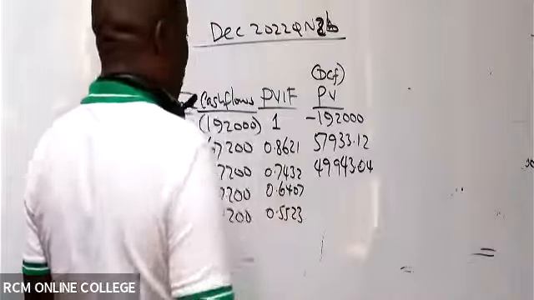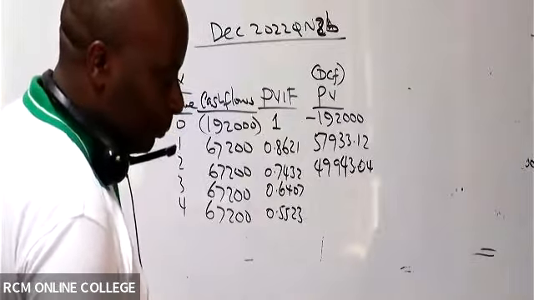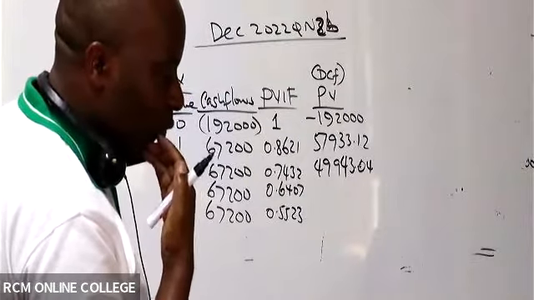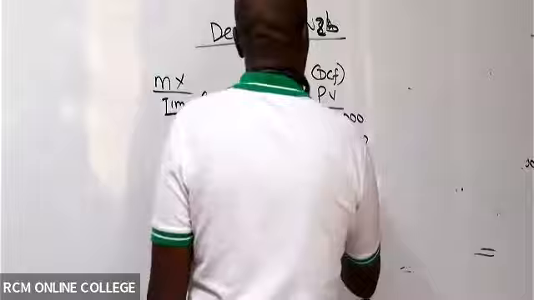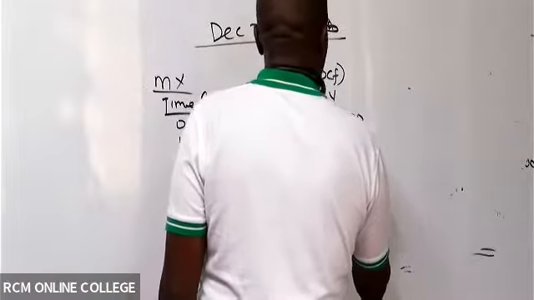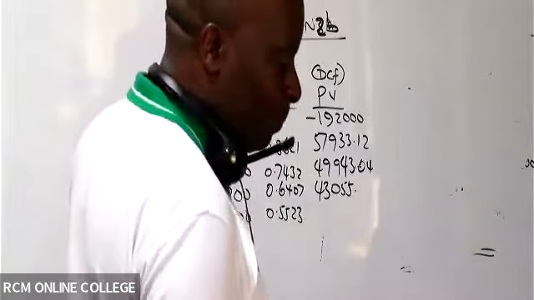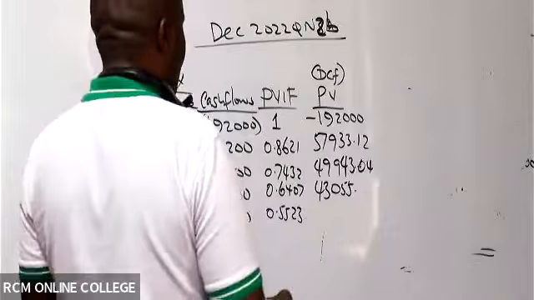Then we have 67,200 times the next one, which gives 43,055.04.